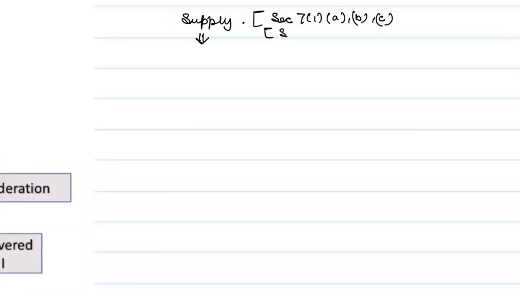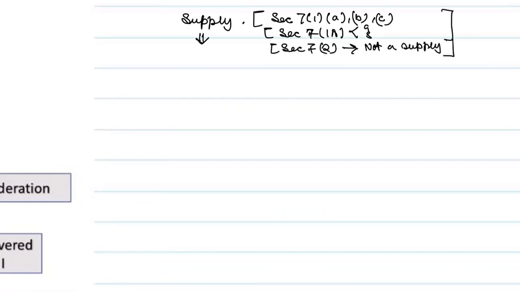Then we read 7(1)(a), which was for goods or service differentiation. Then we moved on to section 7(2), where we discussed not a supply, negative list, correct?